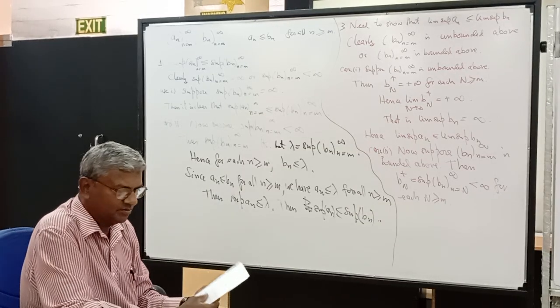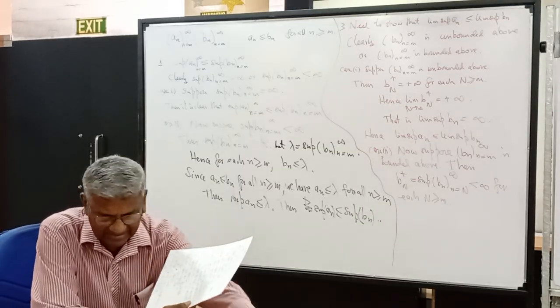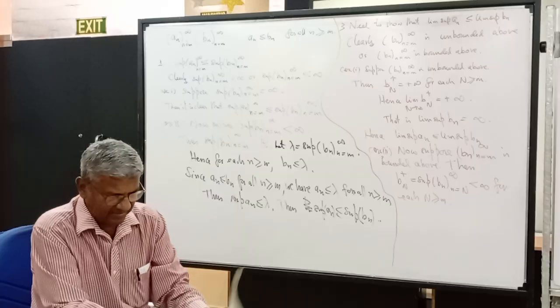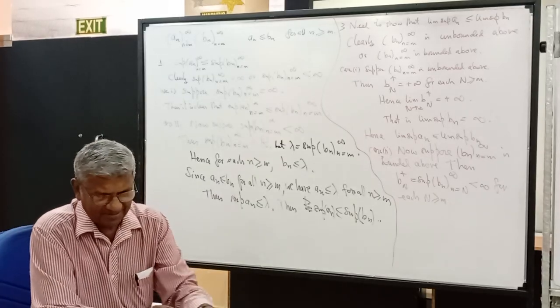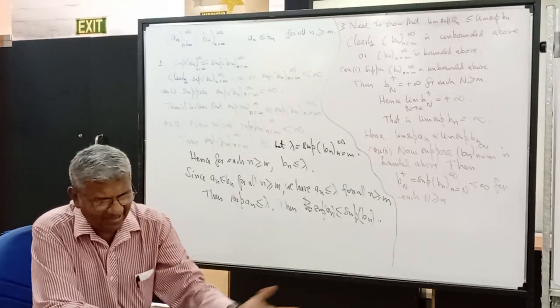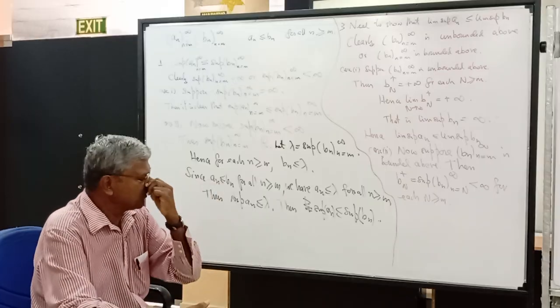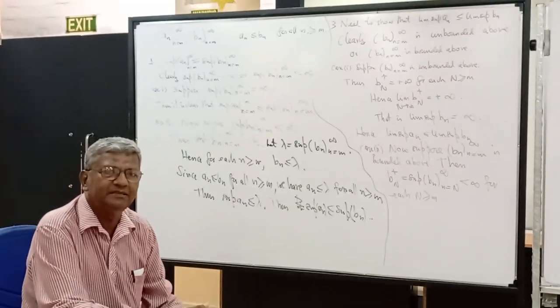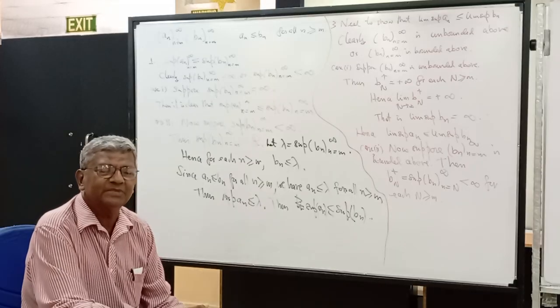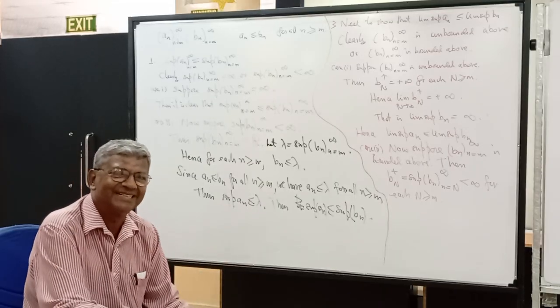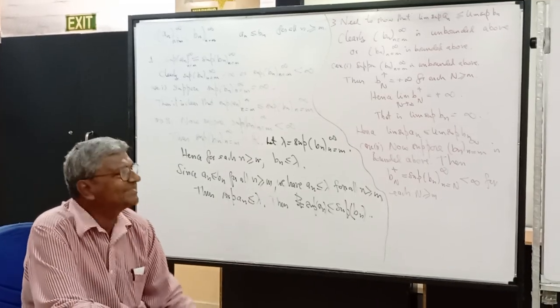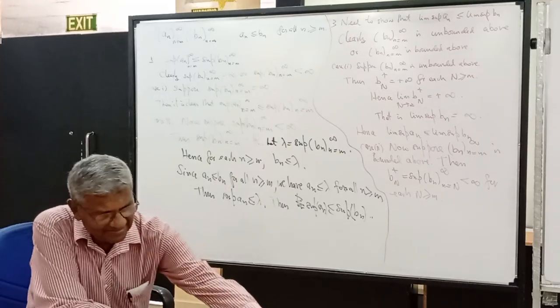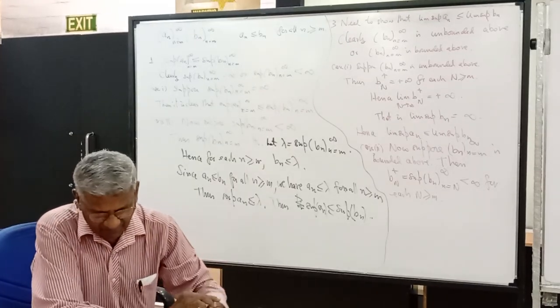But you don't see why the result is true. You assume the result is not true, then you run into something absurd. Then you say what I assumed is wrong, therefore the result is true. That is proof by contradiction, a very good method.